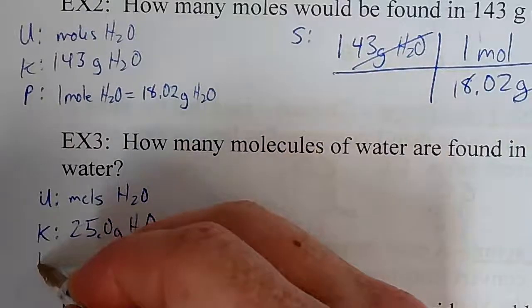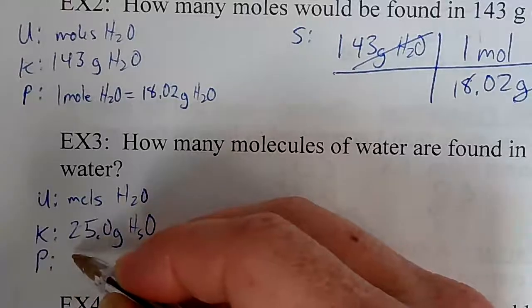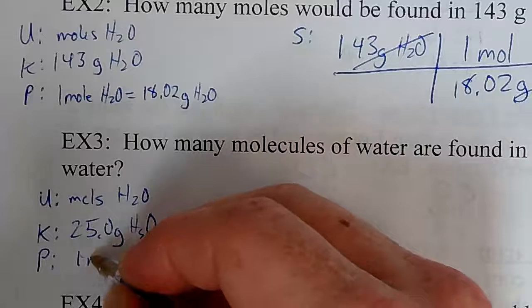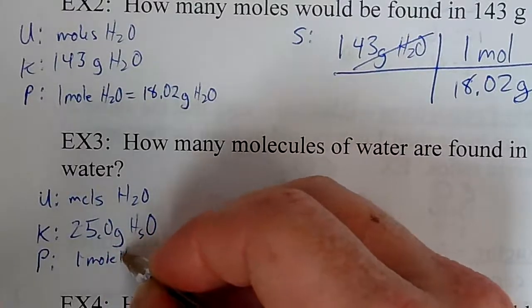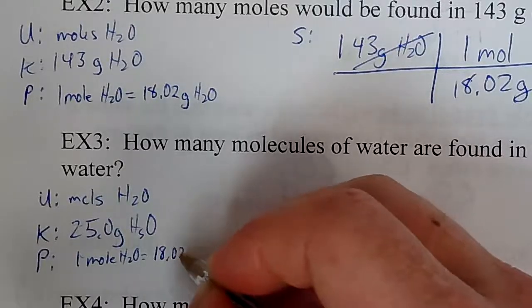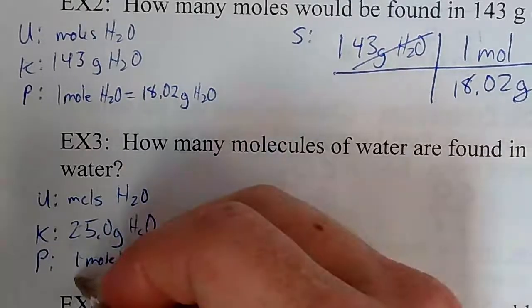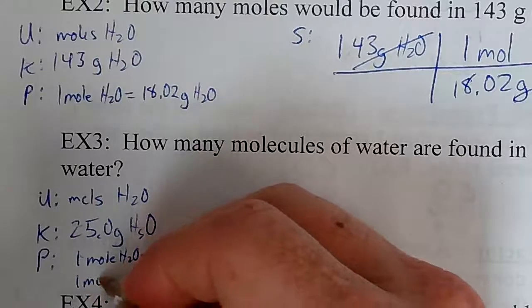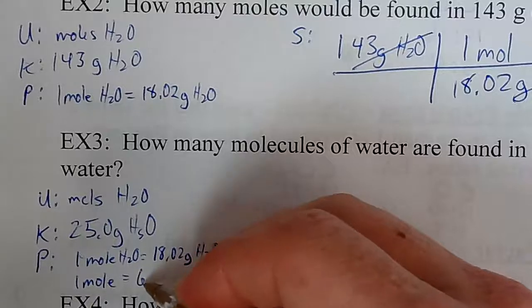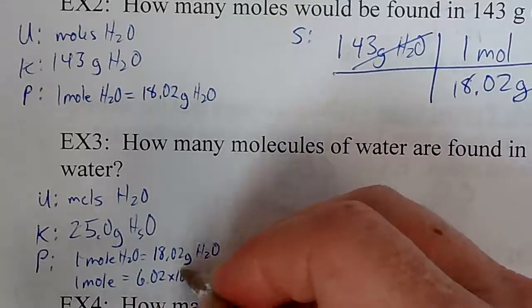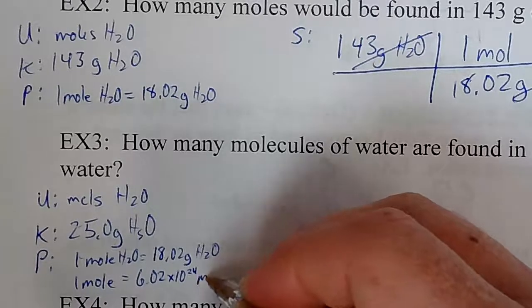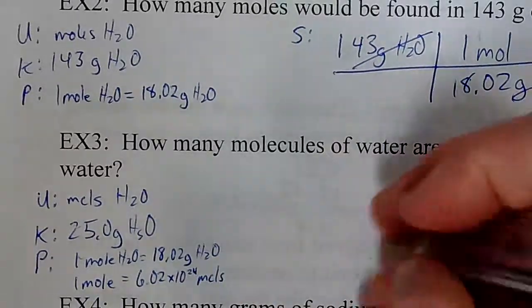And then we're going to list the two conversions in our plan that we'll need to get there. So we know the molar mass of water already: 1 mole of water equals 18.02 grams. And then we also know that 1 mole of any substance is 6.02 times 10 to the 23rd molecules, or particles or atoms.